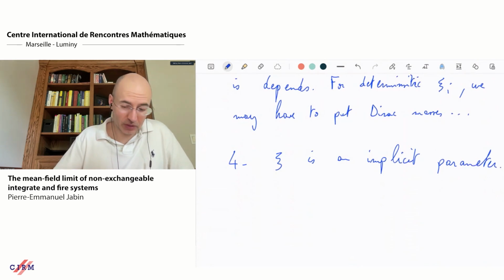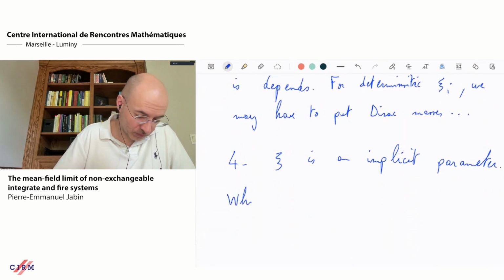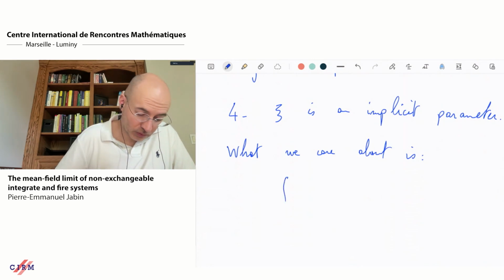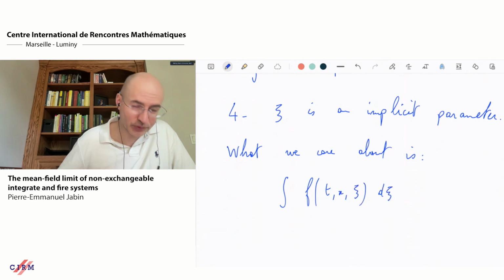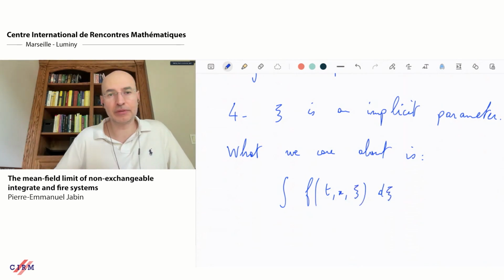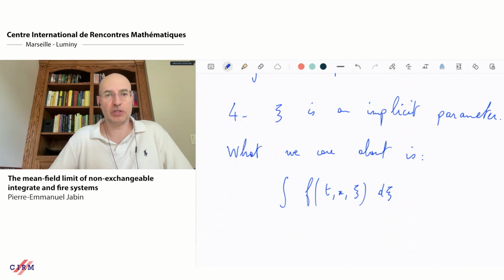What we care about is not F, right? What we care about is the real initial one-particle distribution, which you can recover by taking f of t, x, psi and just integrating in psi, assuming that I don't have Dirac masses or I don't have a measure in psi, otherwise this is a bit of an abusive notation.